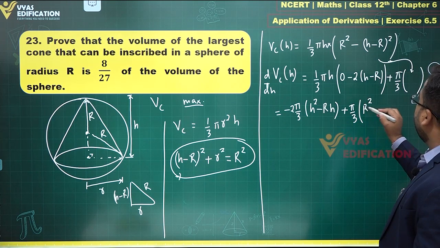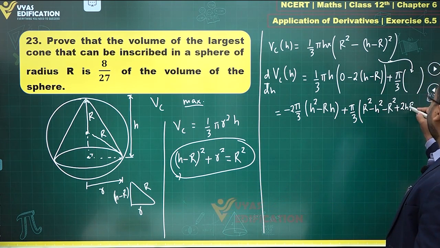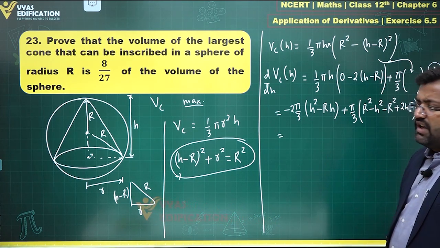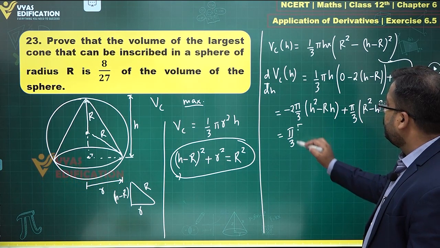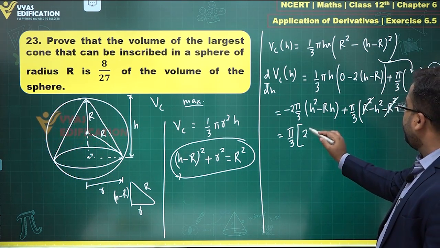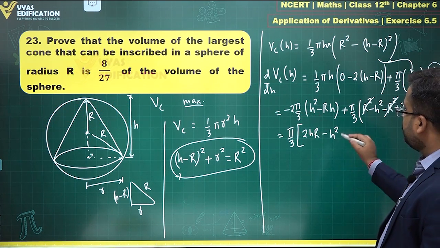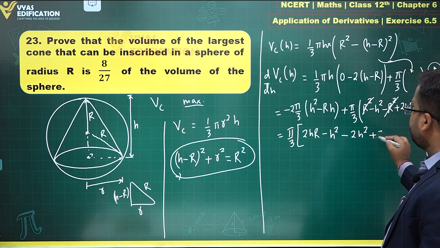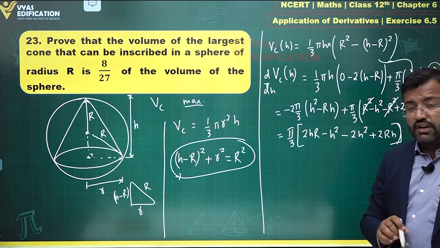R square minus h square minus r square and plus 2hr is what I get. Can we simplify this further? Yes. We can take out a factor of pi by 3 common throughout. This is 2hr minus h square, pi by 3 goes, minus 2h square and plus 2rh is what I get. Can you observe that? Yes. This is what you will get, right?